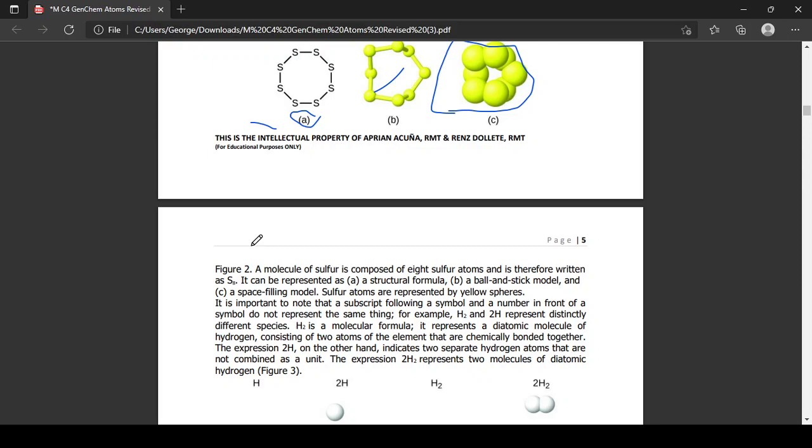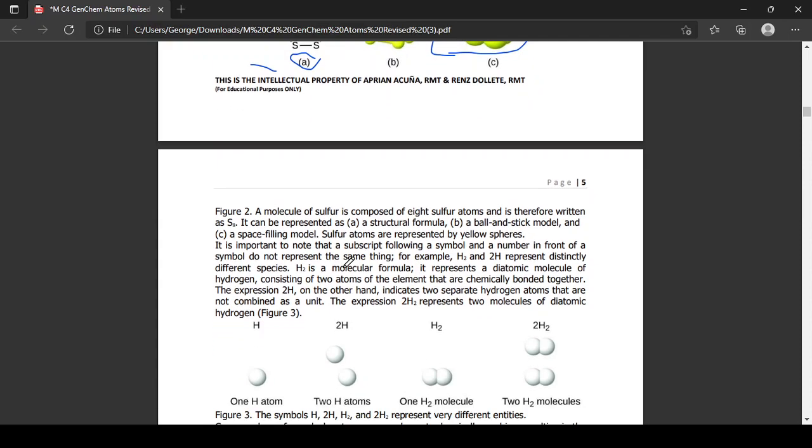It is important to note that a subscript following a symbol and a number in front of a symbol do not represent the same thing. H2, with the small subscript, and 2H represent distinctly different species. H2 is a molecular formula.